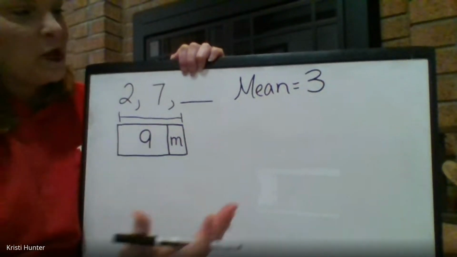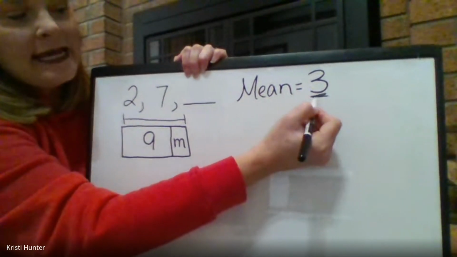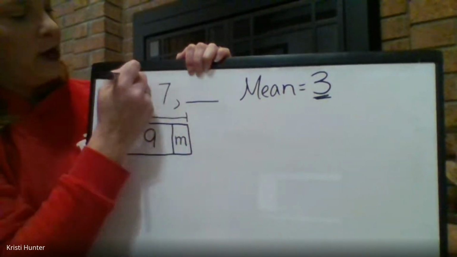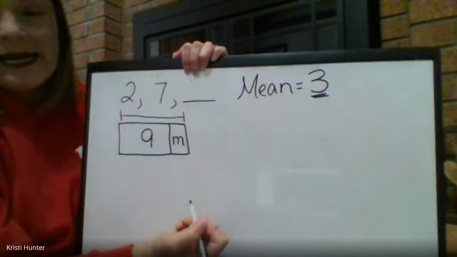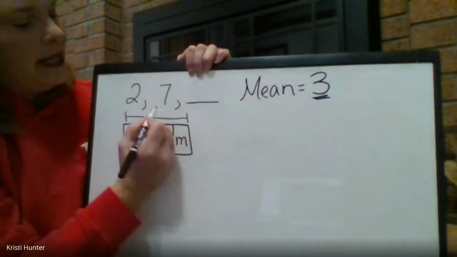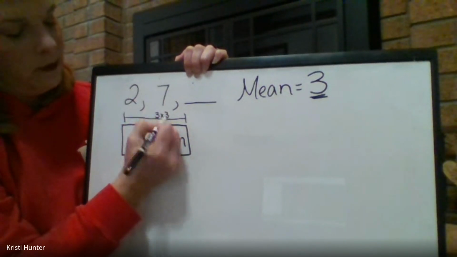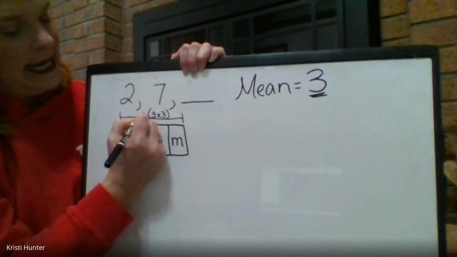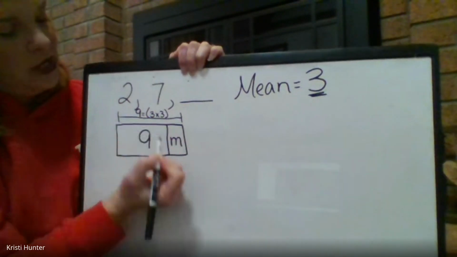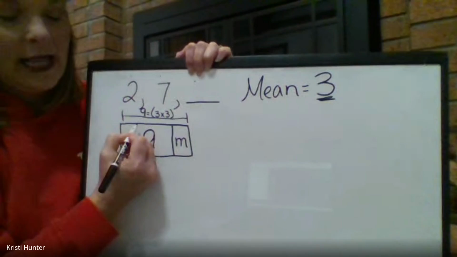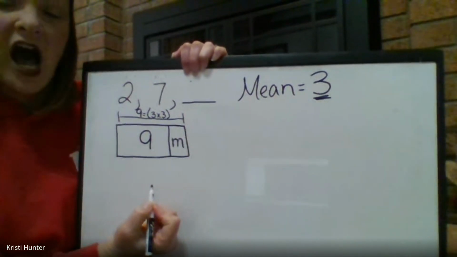Multiplication, right? So if I know 3 is my answer, and I know I have 1, 2, 3 numbers, then I'm going to take 3 times my 3, and that gives me the answer of 9. So my total here at the top had to be 9.